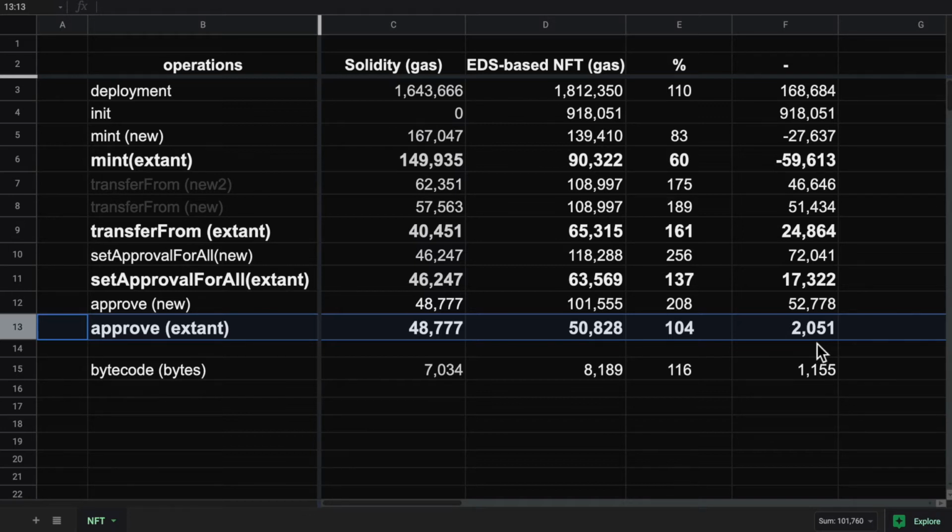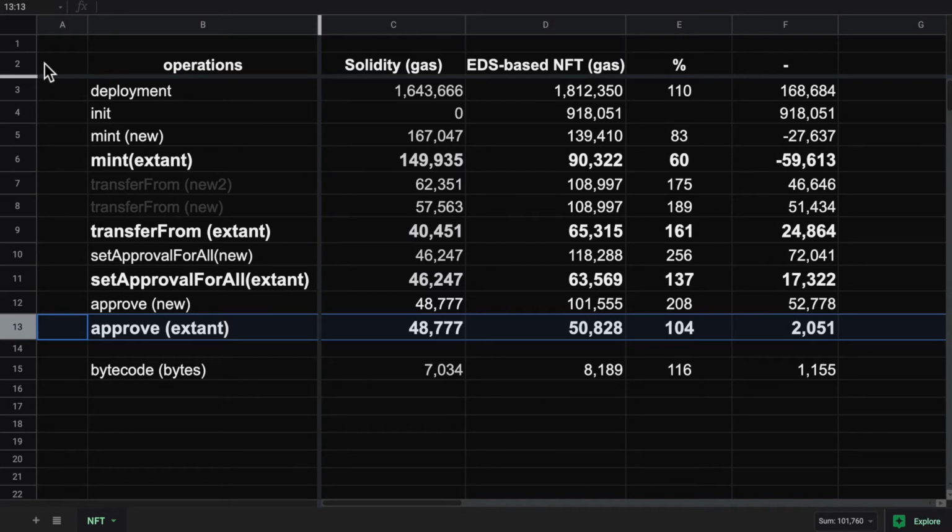This is expected because EDS has some internal costs in addition to the pure NFT costs. Some of these costs will eventually be written off, but this will be covered in another video. Our present goal was to have comparable gas costs with the reference implementation, even if slightly increased.